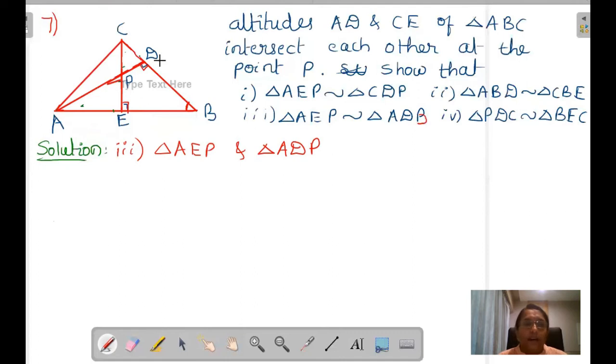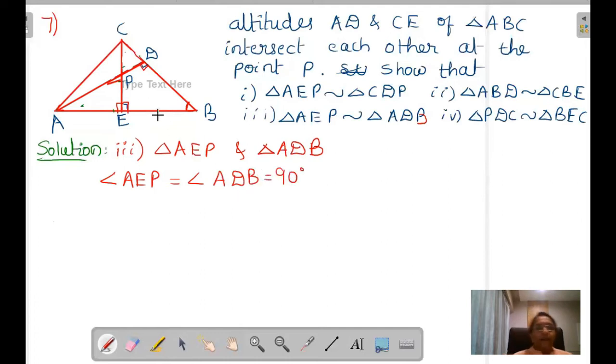So in AEP, this is 90 degrees, and in ADB, this is 90 degrees. So we'll write angle AEP is equal to angle ADB is equal to 90 degrees.